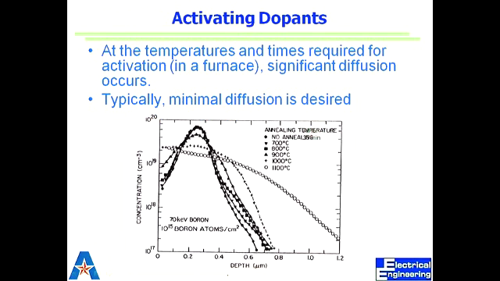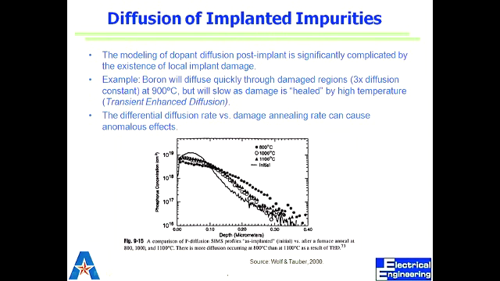And if you see, that plot is also not as aggressively flattening out as in this case. In the case of drive-in, we saw a much more distinct profile change. But in this case, it happens fast, then it slows down as the damage is healed by high temperature. That is what is called transient enhanced diffusion.